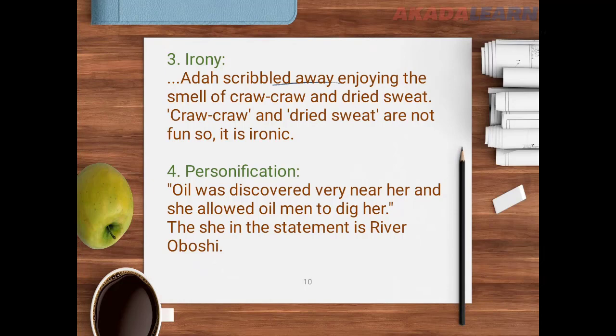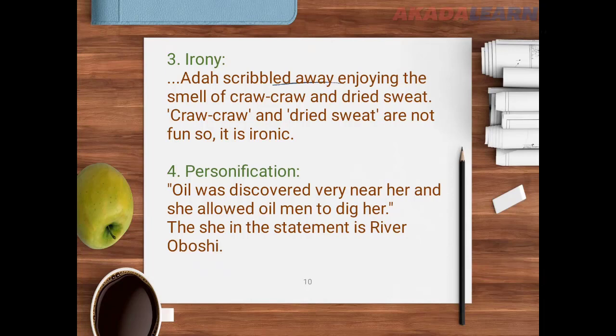It's awful. But she was just scribbling away, writing her book while enjoying the smell of crocro and dried sweat. It's very ironic. Another figure of speech is personification. "Oil was discovered very near her, and she allowed oil men to dig her." The "she" in the statement is River Oboshi. So they discovered oil near River Oboshi, but they personified her, they gave her a human quality, "her."